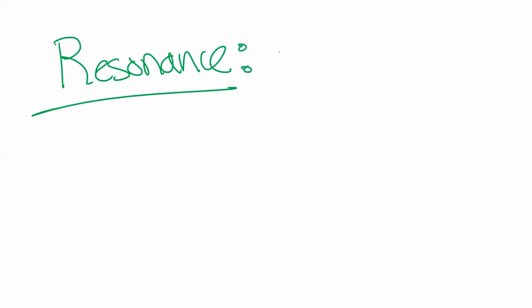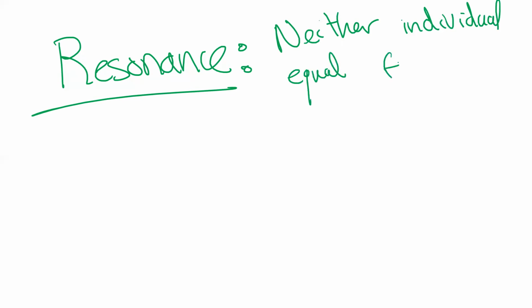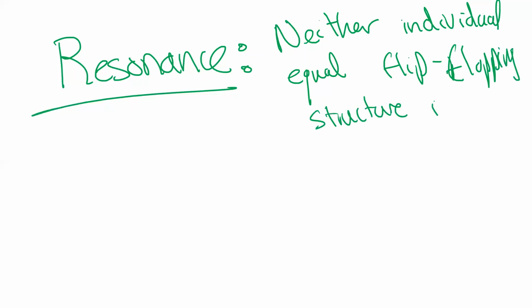So resonance means neither individual equal, we could call them flip-flopping structure, is the real structure. They are just like snapshots of the structure that could exist, or that does exist.